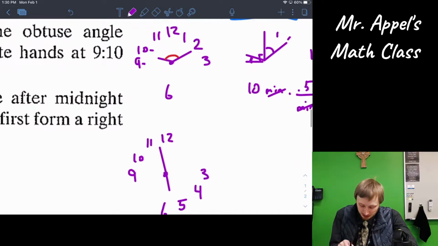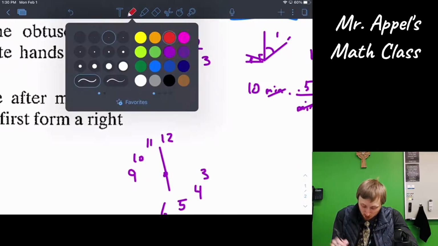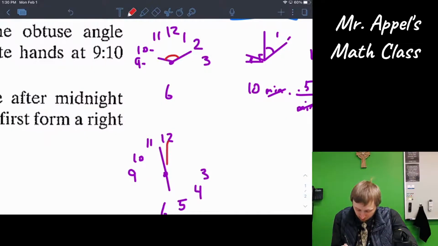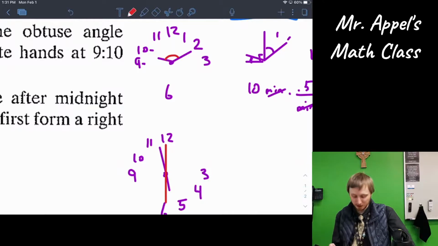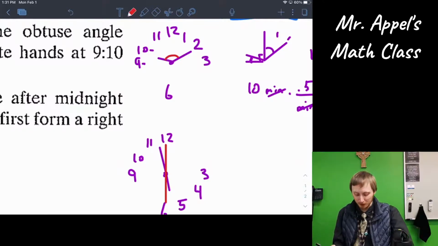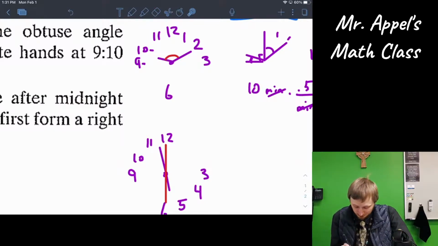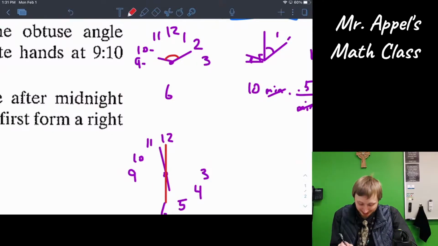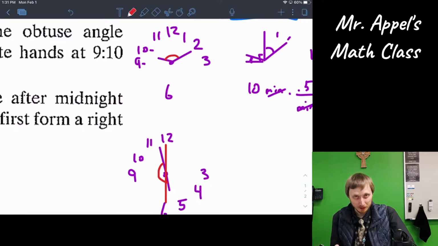Okay, take a look at this, right? Here is, oops, I'm going to go over a little bit. There we go. There's perfect 6 o'clock. Now, my angle that I want is actually on this side this time, okay?